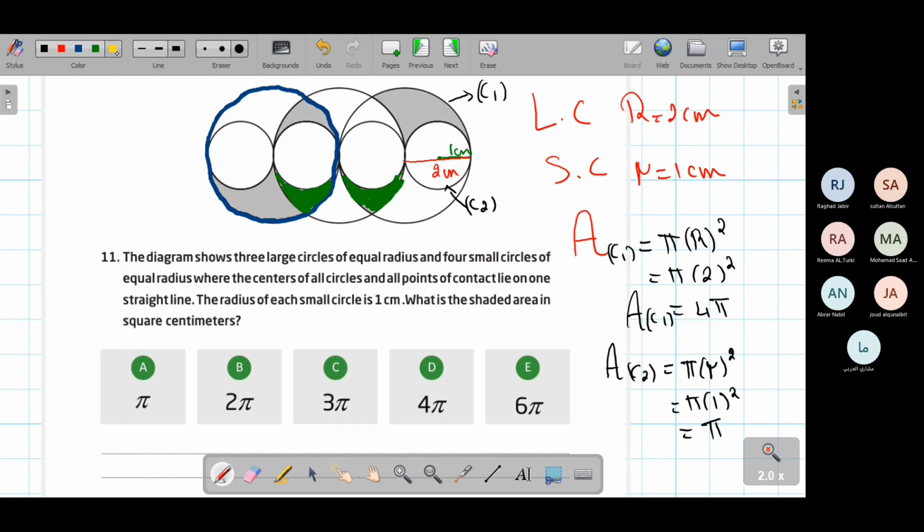This part here also equals to what, Ragad? To the other shaded part. Yes, excellent. So this one is equal to that one.